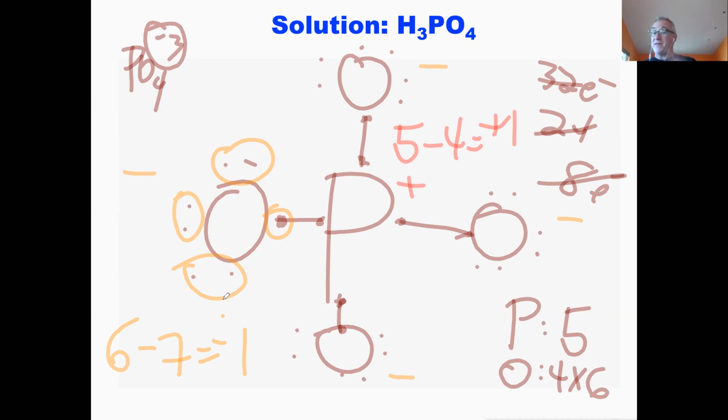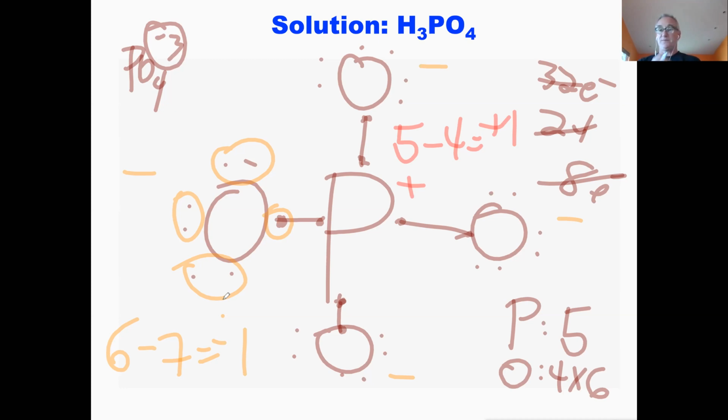So one thing I want to point out here. When we're drawing phosphate ion, one of the things we've been told over and over again when we're drawing these sorts of structures is that we want to reduce the total number of formal charges as much as possible.